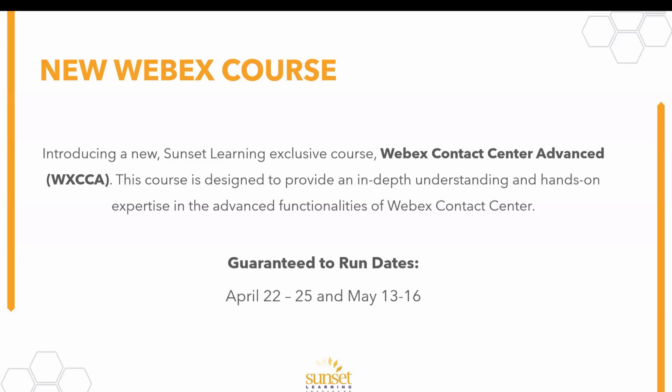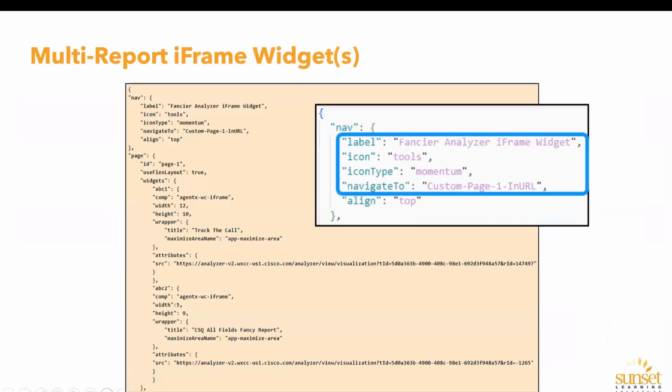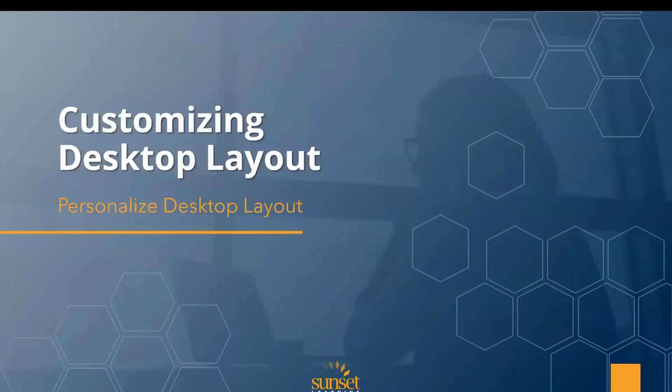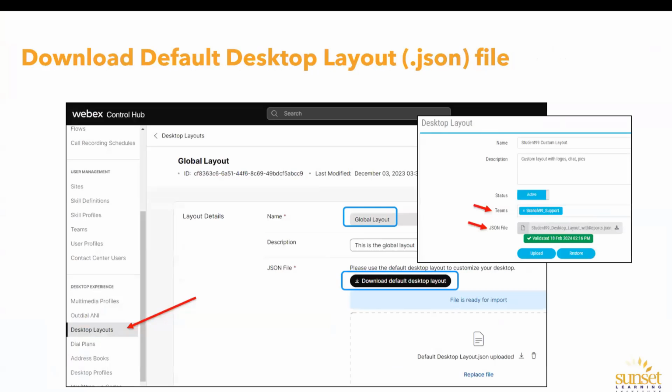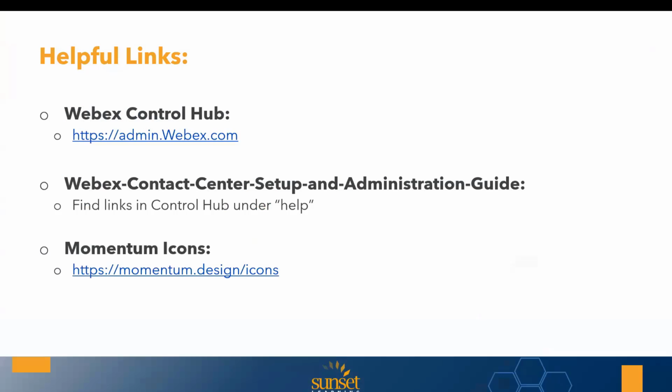Where can we find the different icons available to use for our widgets? We talked about that actually at the very beginning of this. Again, you'll have a copy of this. I'm going to scroll back up towards the beginning and say that these Momentum icons that we used come from the Momentum Icons repository, which if you navigate to momentum.design/icons, you'll see the whole list of icons out there. And they're listed by name.